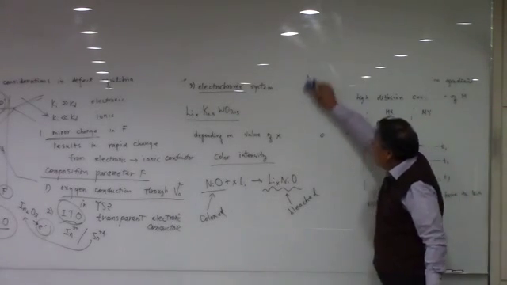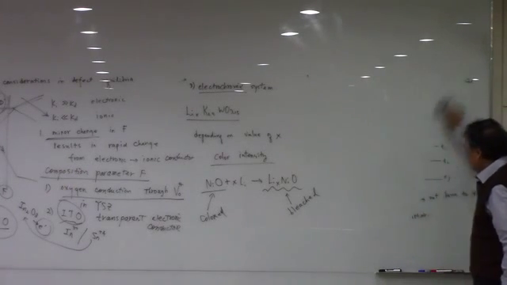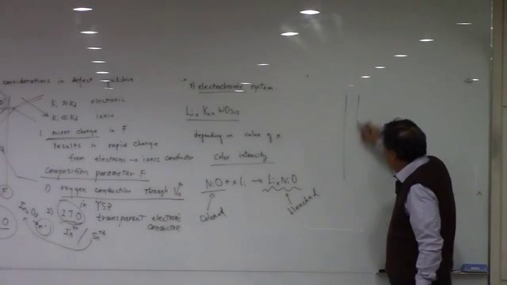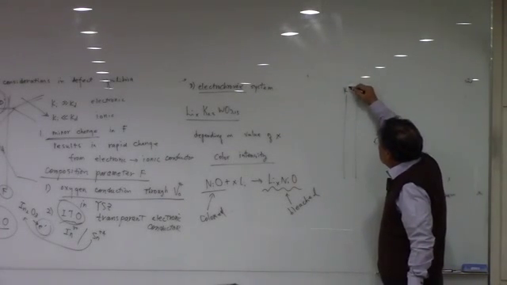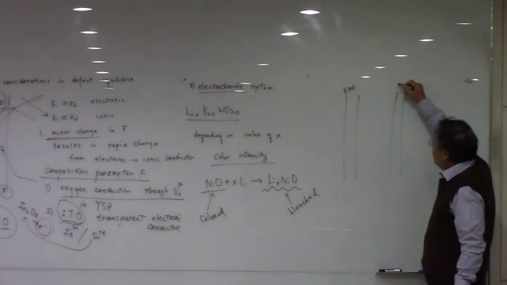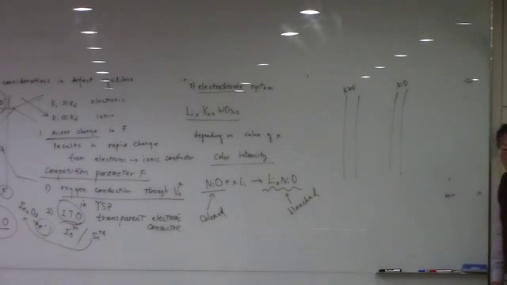So if you want to have an electrochromic system, then what you are going to have is that one side here is the tungsten oxide, and in this side you are going to have a NiO, okay?